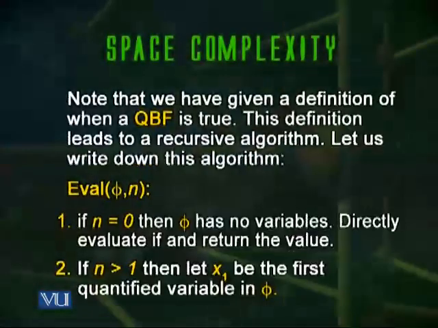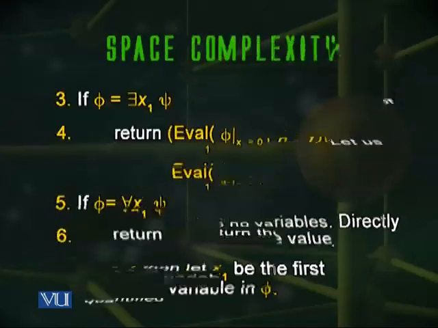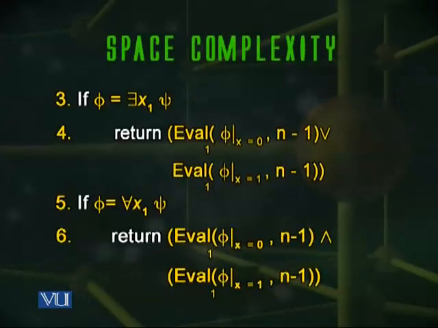What happens if it has some number of quantified variables? So if n is greater than 1, then let x1 be the first quantified variable in phi. Then phi can be a formula in one of these two forms. It would either be of the form there exists x1 followed by psi, or it would be of the form for all x1 followed by psi.